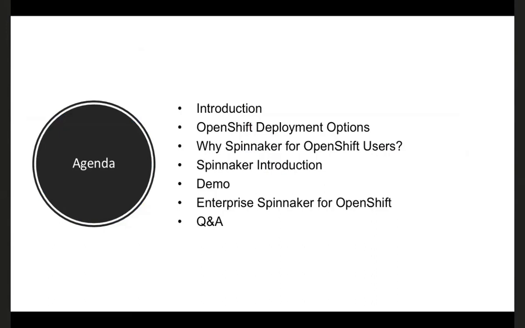So we will go through a little bit of background about continuous delivery and deployments, because we want to get the same language across the board, so everybody is in sync.